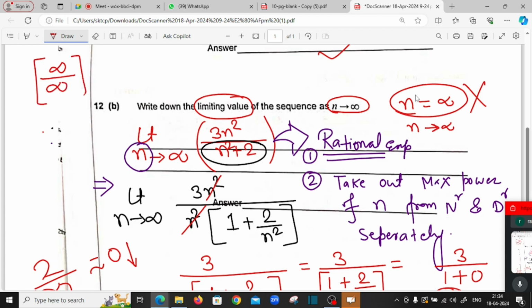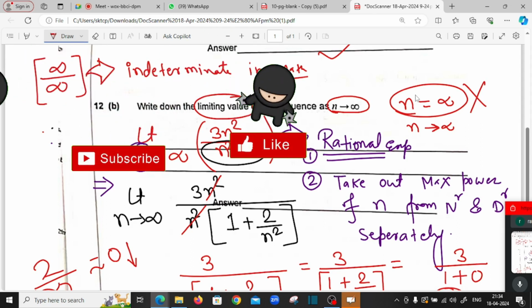When you apply n tends to infinity, numerator is still infinity, denominator is still infinity, and infinity upon infinity is an indeterminate form. Infinity upon infinity is an indeterminate form in mathematics. What is the meaning of indeterminate form? Indeterminate form means you can't determine its value without any further discussion, right?